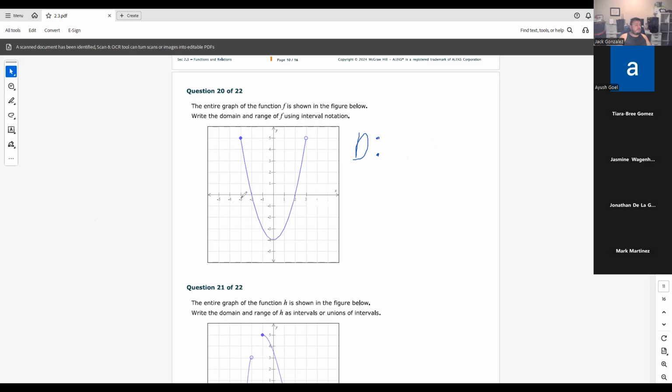The most left x, right? Furthest it went to the left is right here. So that x value is -3.